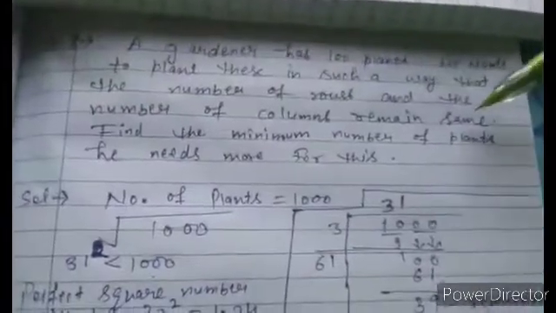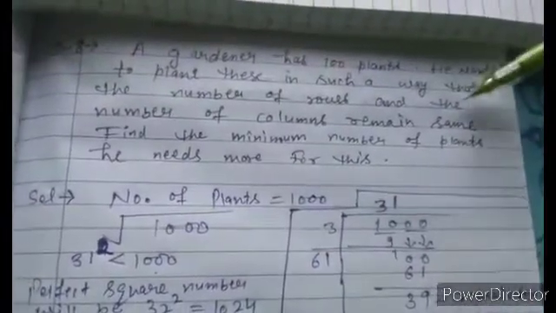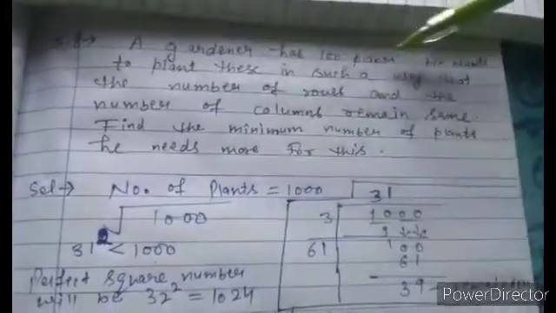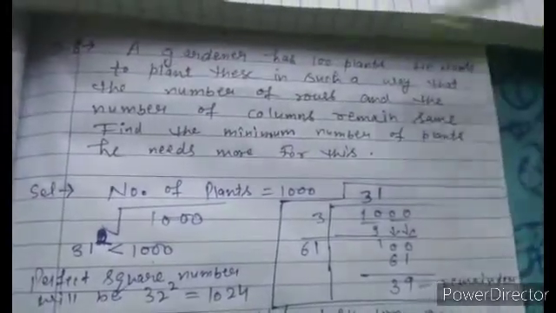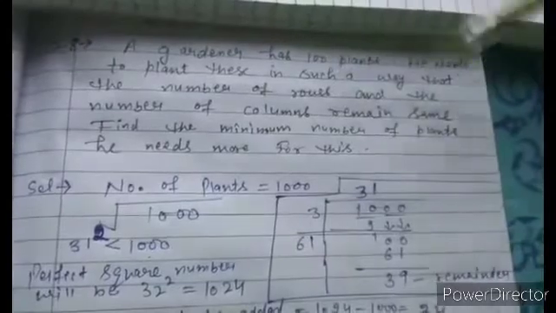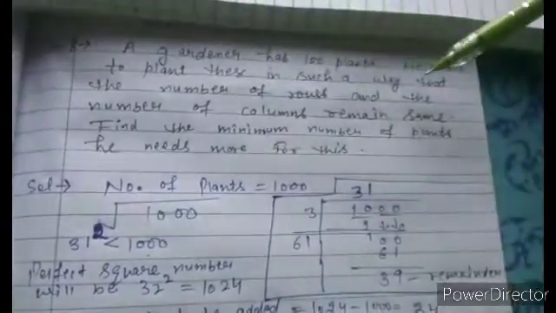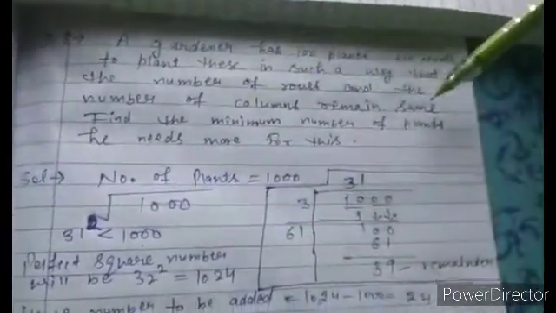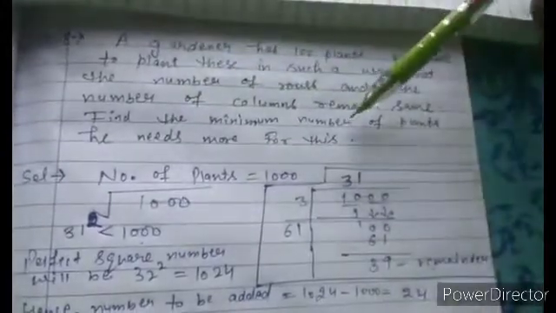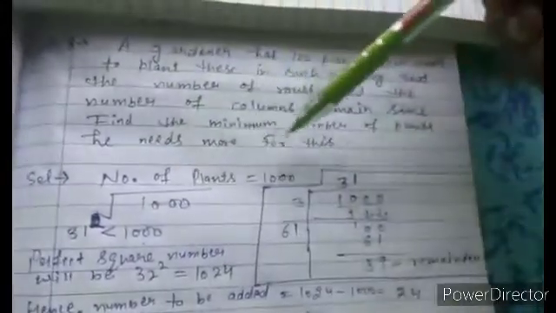NCERT 8 class math exercise 6.4 question number 8. A gardener has 1000 plants. He wants to plant these in such a way that the number of rows and the number of columns remain the same. Find the minimum number of plants he needs more for this.